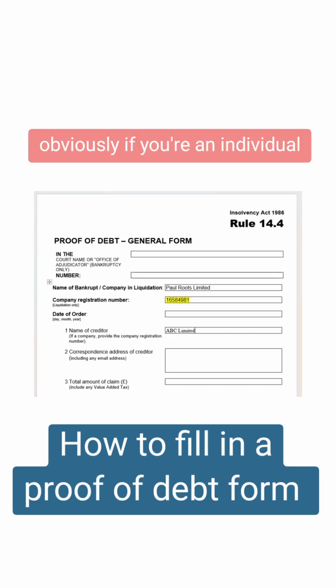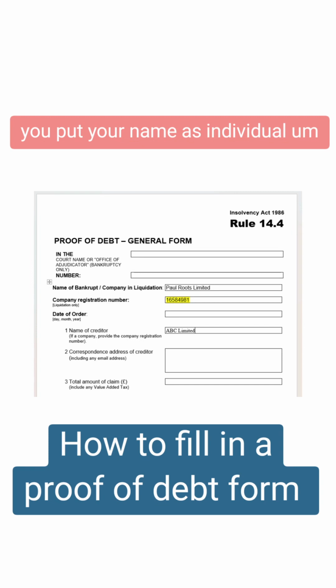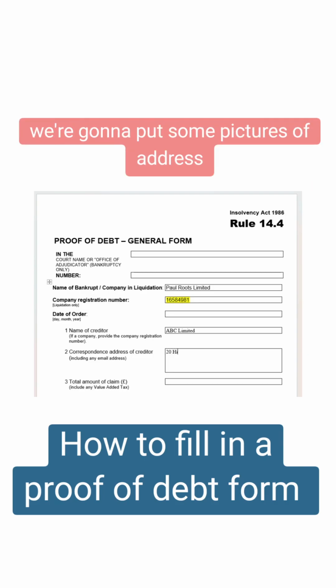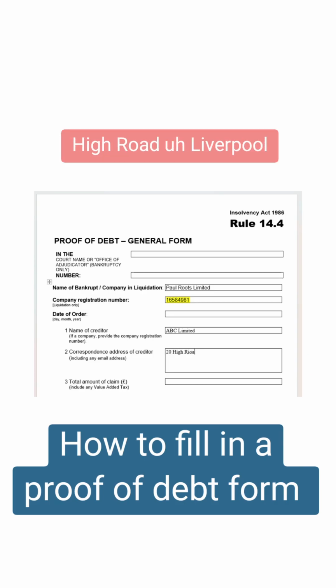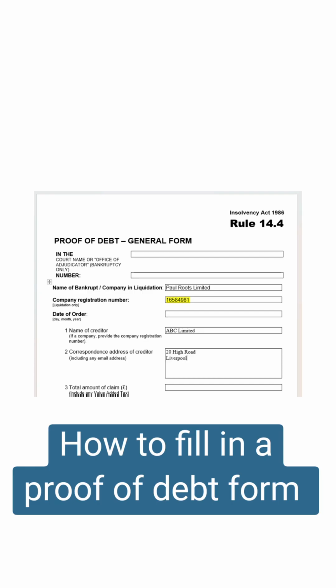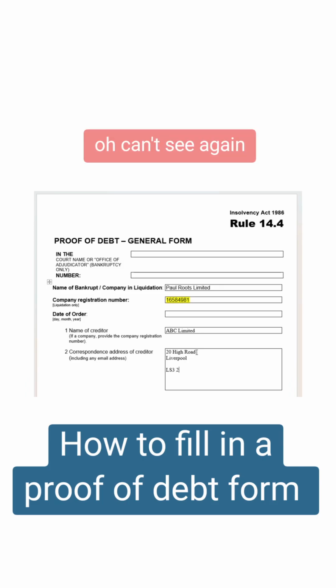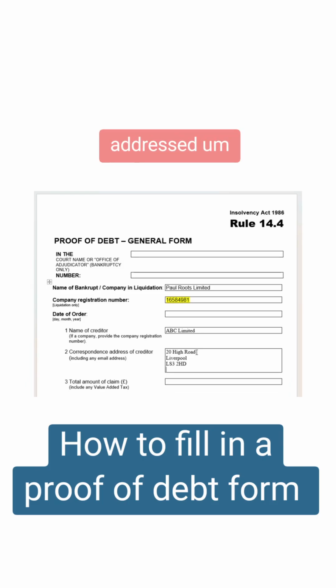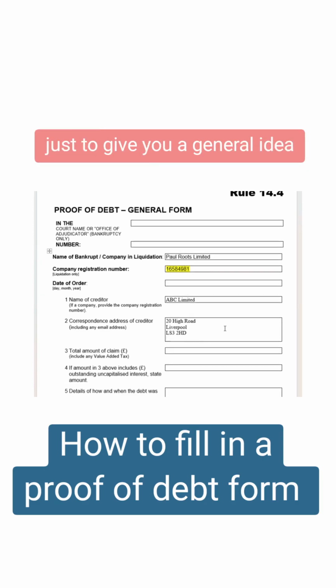Obviously, if you're an individual, you put your name as the individual. And you then put your address in. We're going to put some fictitious address, High Road, Liverpool, LS. Again, this is completely fictitious, just to give you a general idea.